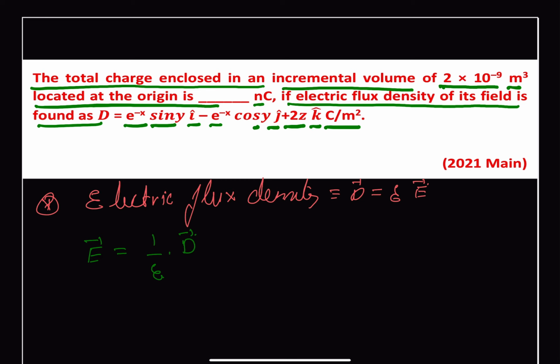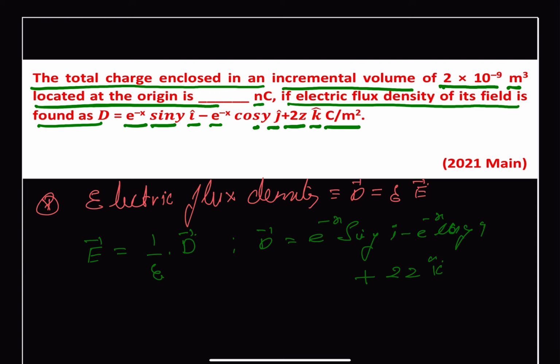Okay. So we are given electric flux density is equal to e raised to the power minus x sine of y i unit vector minus e raised to the power minus x cos of y j unit vector plus twice z, and we have k unit vector. Okay. So density is given in terms of the unit vectors i, j and k.